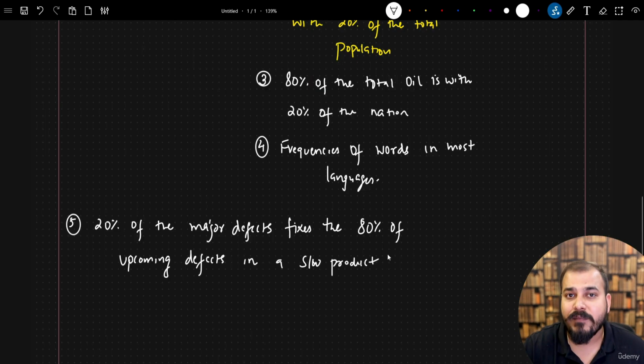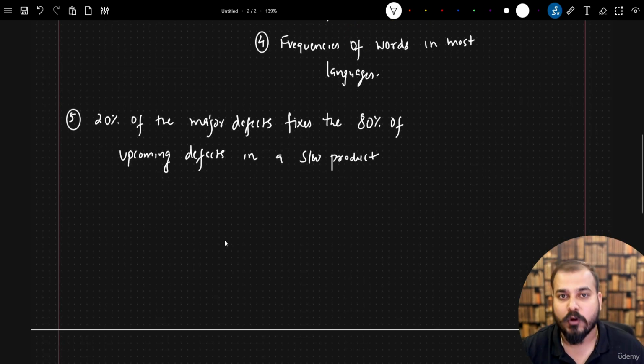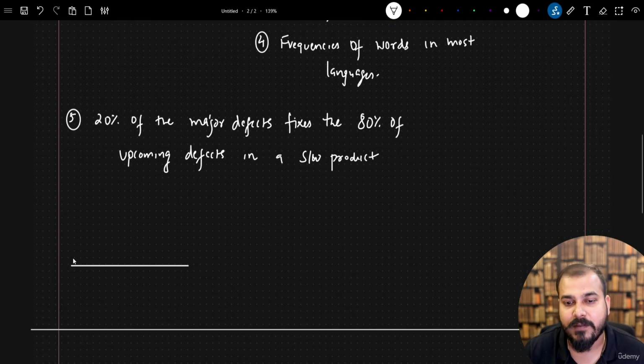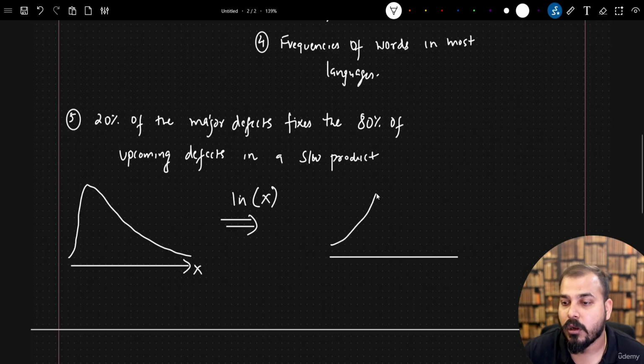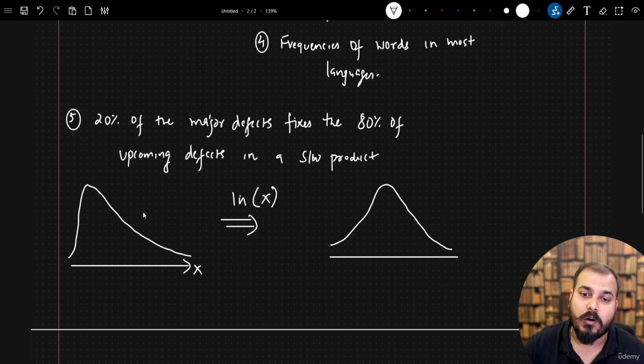Now, one very important thing that we know: whenever we have a log normal distribution, and if we apply a logarithm, like log to the base e, to this x random variable, then we will definitely get a normal distribution, only if this distribution follows a log normal distribution.